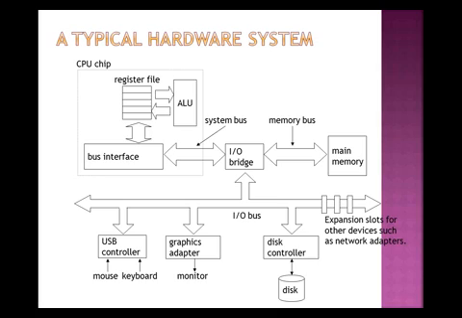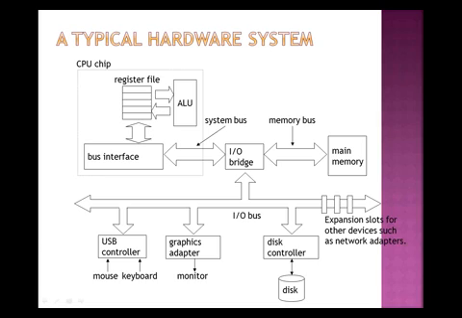The first slide is a typical hardware system, meaning the most basic or common hardware system. First of all, there is a CPU chip, a register file, a bus interface, an input output bridge, and main memory. The CPU is the central processing unit.